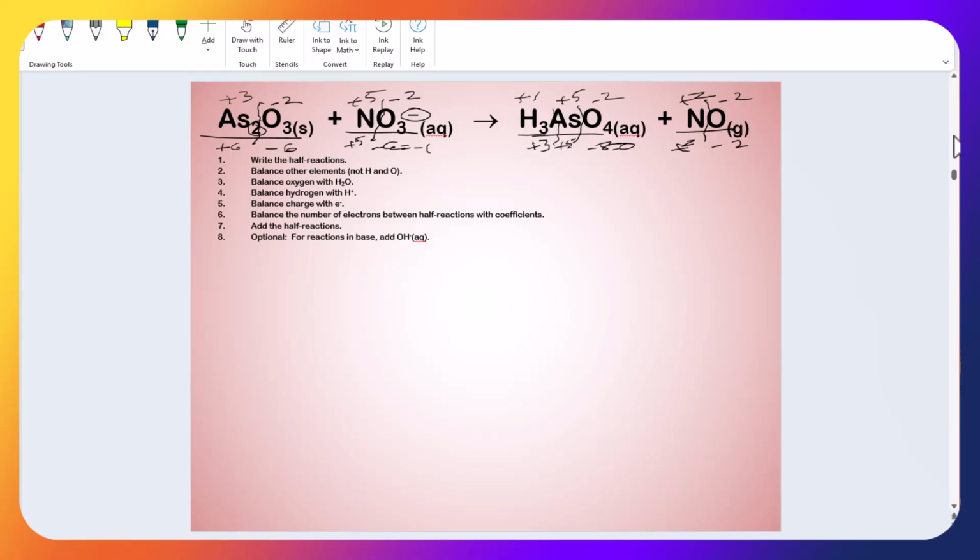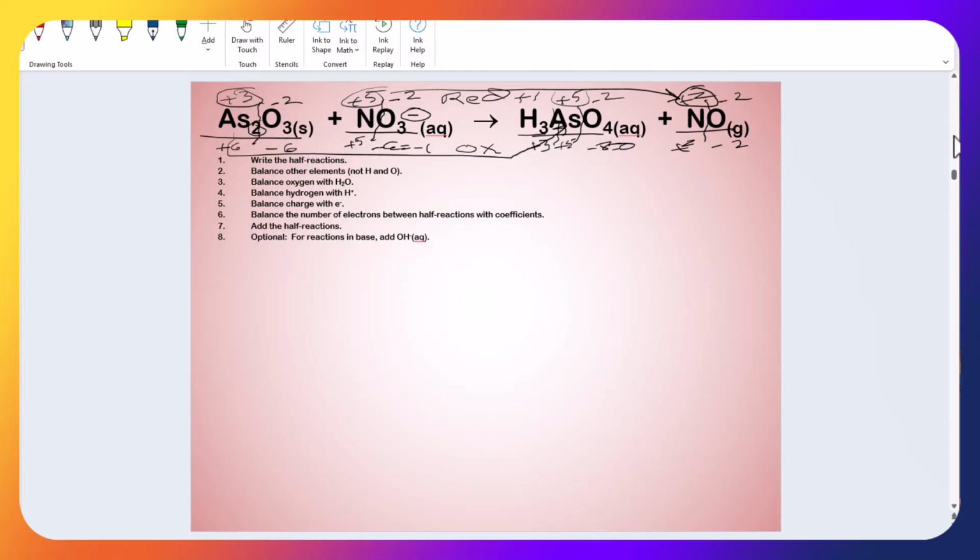Let's start with the arsenic, which is +3, and it's going from +3 to +5. +5 is a higher oxidation state than +3 is, so electrons were lost. And so we'll say this is the oxidation half reaction. For the nitrate, it goes from a +5 to a +2. +2 is a lower oxidation state than +5, so it was reduced.